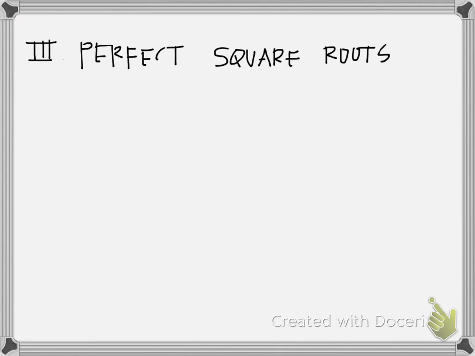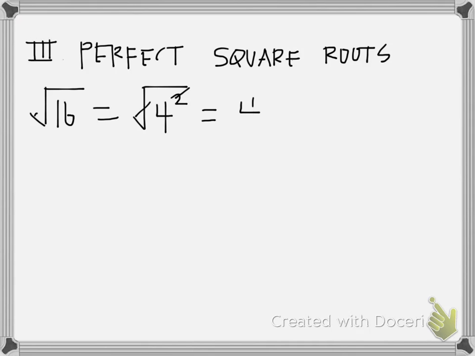So a perfect square root would be if I asked you to take the square root of 16. Okay, that's understood 2 on the index there. So 16 is the same thing as saying 4 squared under there, right? The square root of a square basically goes away, so you're going to be left with the whole number 4.